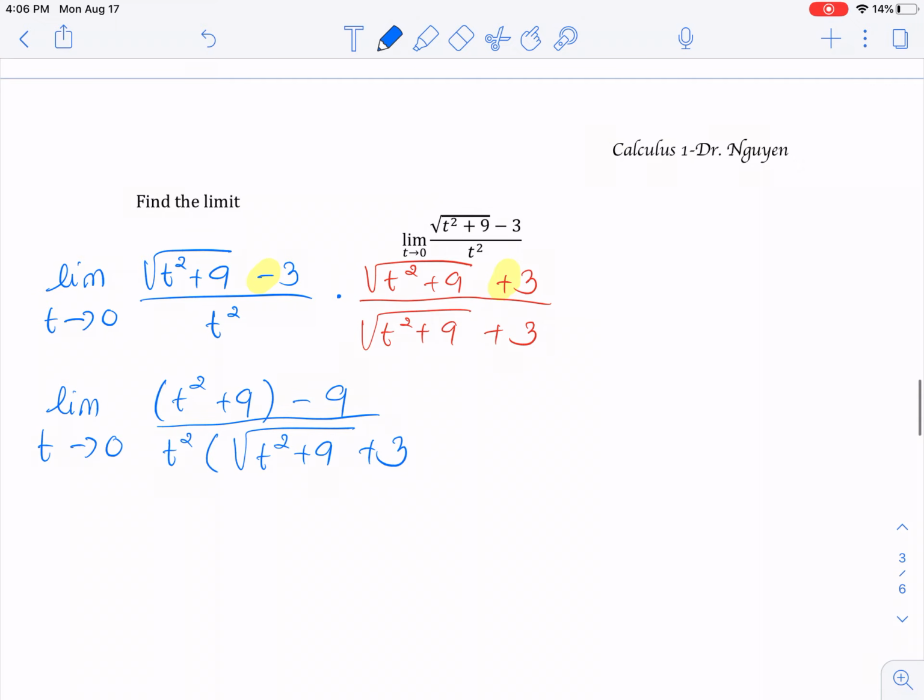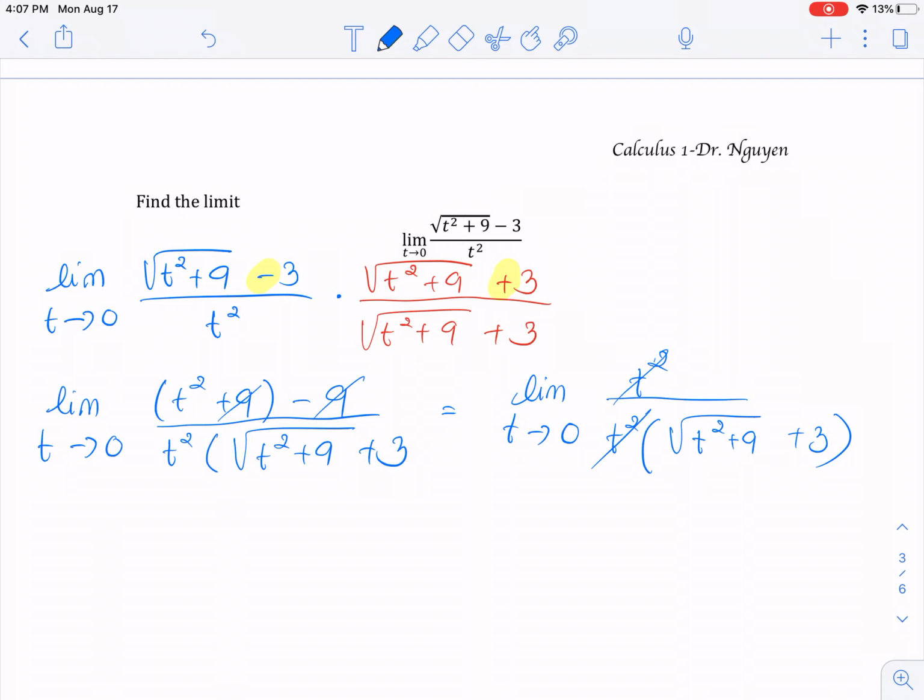Okay. So we ended up with t squared on top, t squared on the bottom. So you see that we can simplify it.